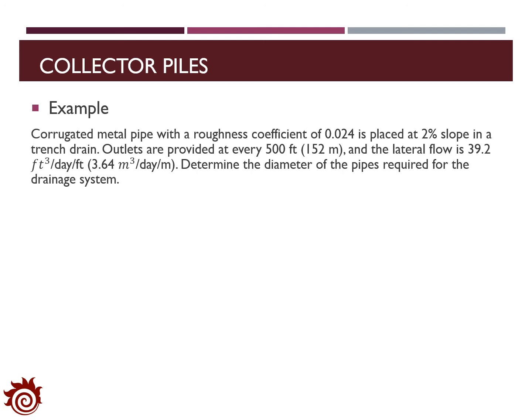The outlets are placed at every 500 feet, and the lateral flow is 39.2 feet cube per day per foot. So first of all, we can summarize all the information provided to us. We have the roughness coefficient N is 0.024. The slope is 2%, 0.02.